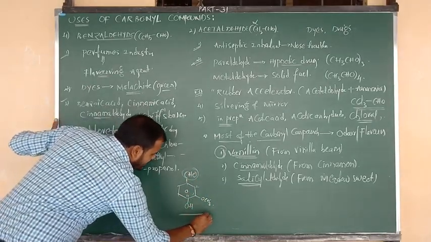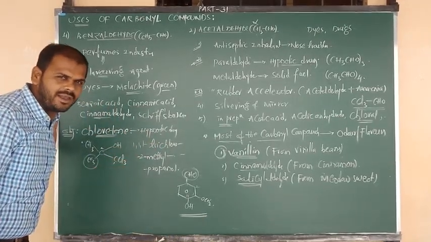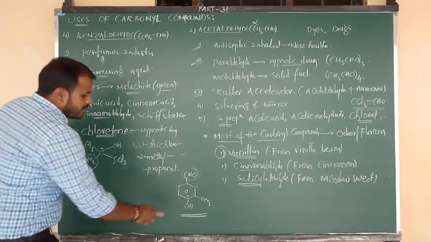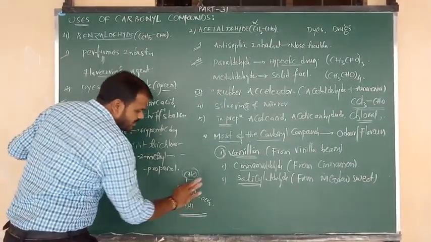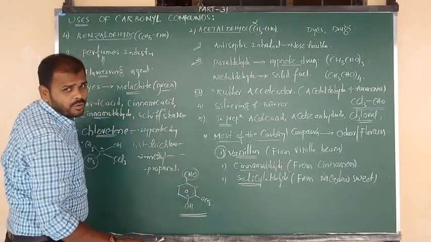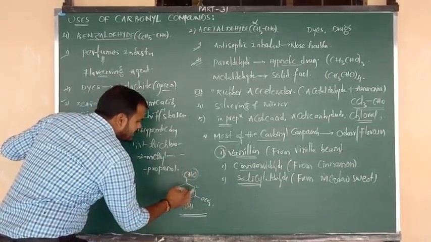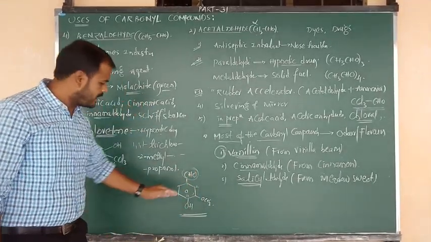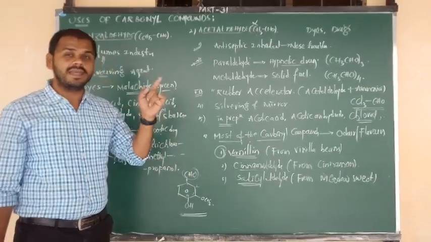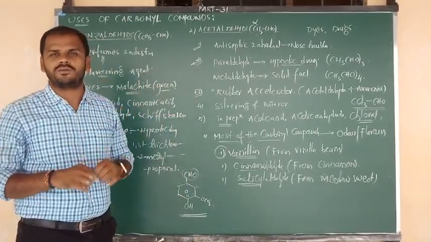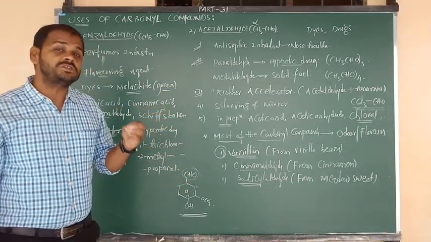Based on this numbering, the IUPAC name is 4-hydroxy-3-methoxybenzaldehyde, otherwise benzenecarbaldehyde. That IUPAC name I already gave in the day 1 nomenclature list of aldehydes and ketones.